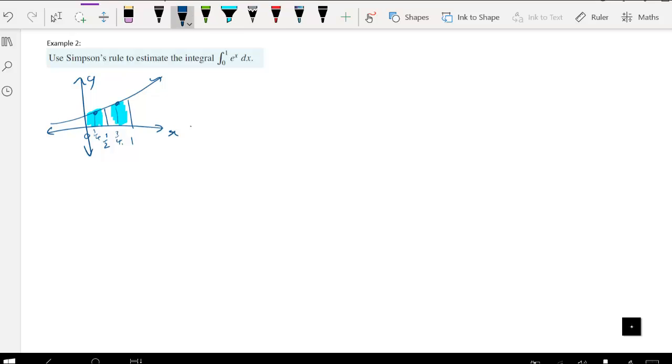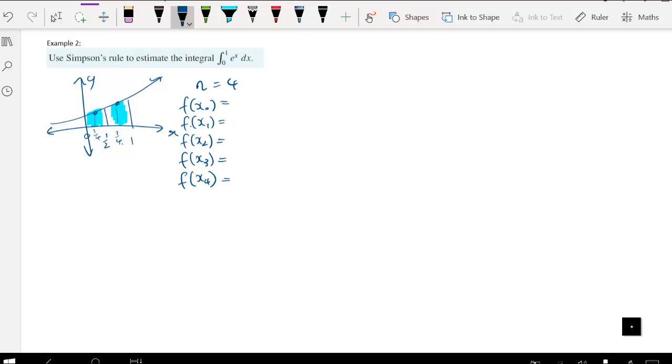So that means we end up with 1, 2, 3, 4, 5 values and 4 sections. So n is equal to 4. We'll have to look at f of x0, f of x1, x2, x3, and f of x4, where x0 and x4 are the endpoints.